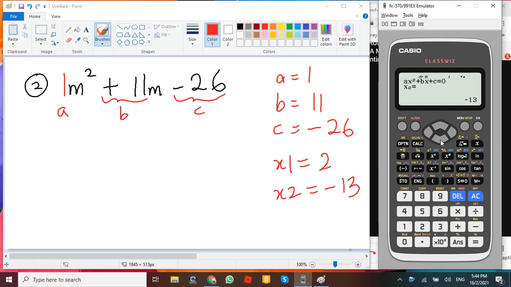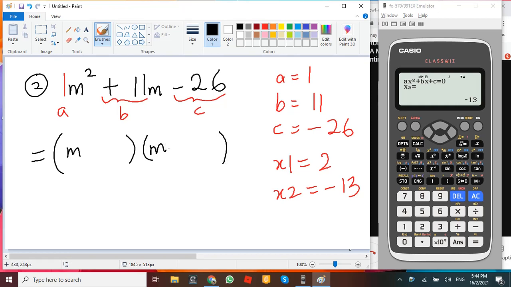Okay, now we focus on how you want to write the answer. Answer equal to, okay, but careful right now. The variable is not x, but the variable is m. Maybe I write the two brackets first. So the variable is m, so we write m.